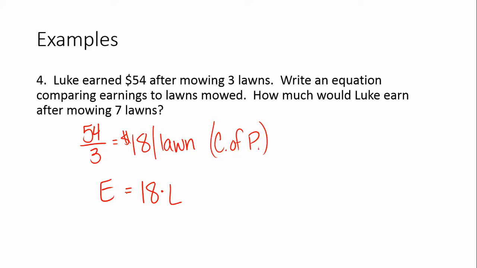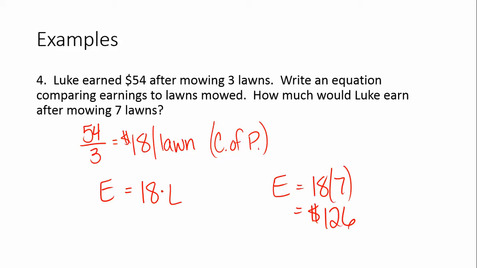So his earnings are going to be equal to $18 times the number of lawns he mows. And now the question is, he mowed 7 lawns. So it's 18 times 7. And that's $126 for 7 lawns.